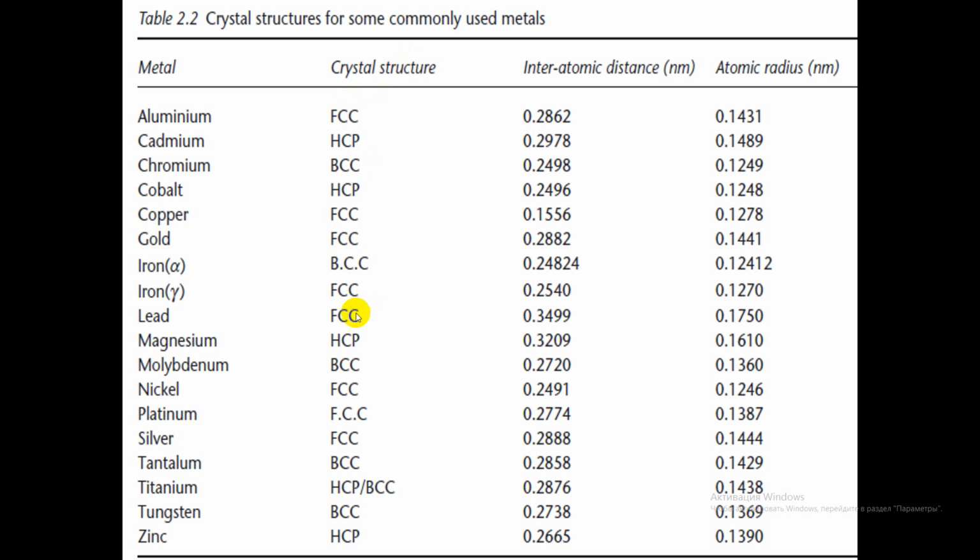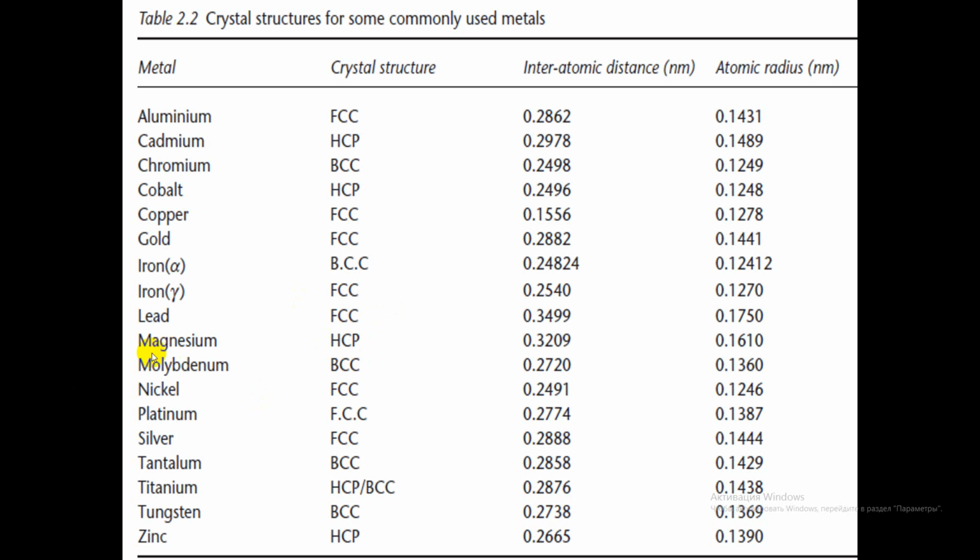In this table, and also this table, you can see the interatomic distance of all elements and atomic radius for body-centered cubic elements, for face-centered cubic elements, and for hexagonal close packed.